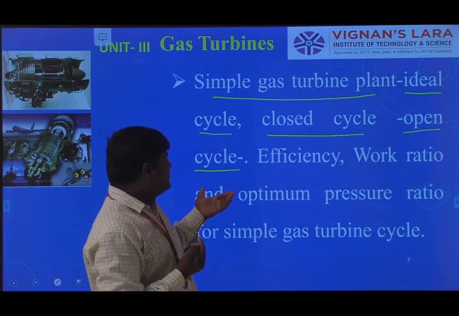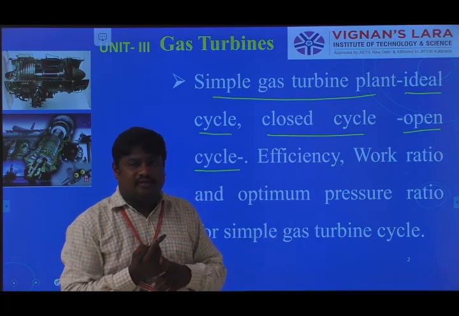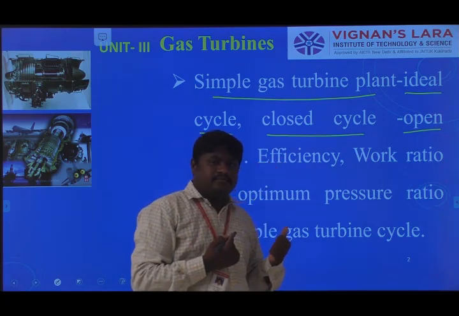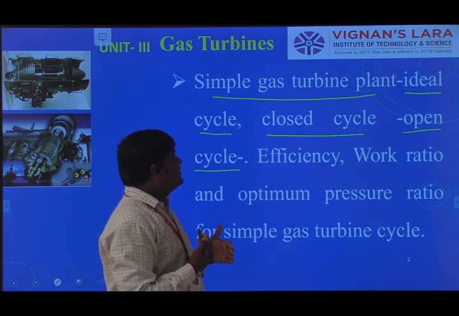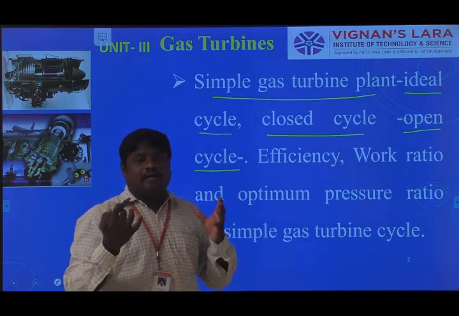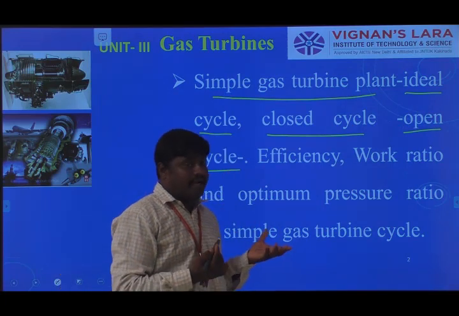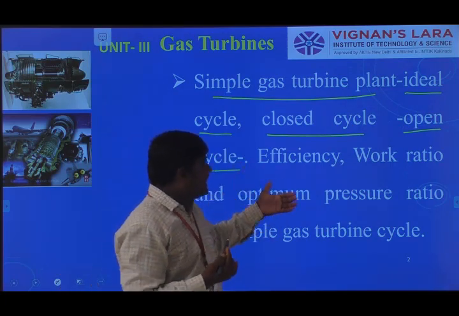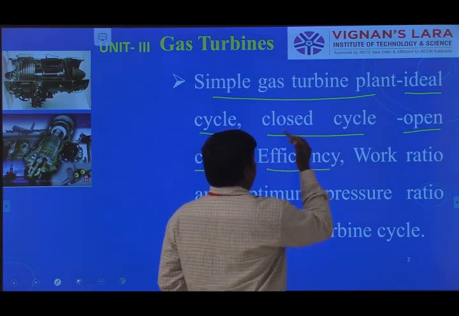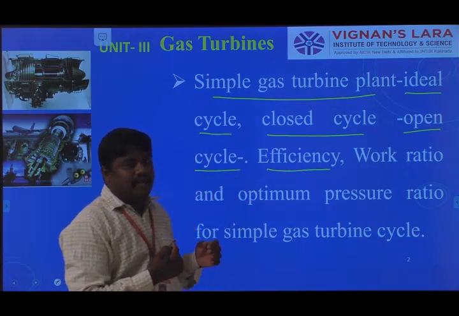In the second unit also we discussed the closed system and the open system. In this unit also, for the simple gas turbine power plant, we cover the working principle and the efficiency of the ideal cycle, closed cycle and open cycle.